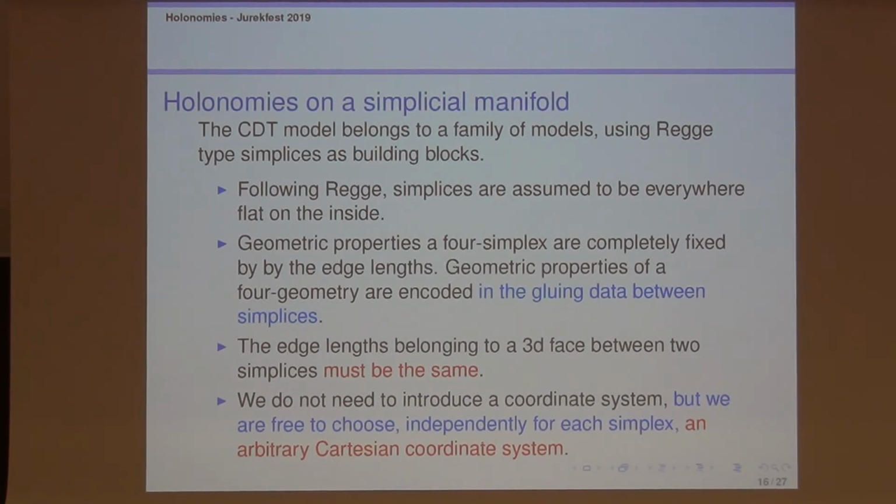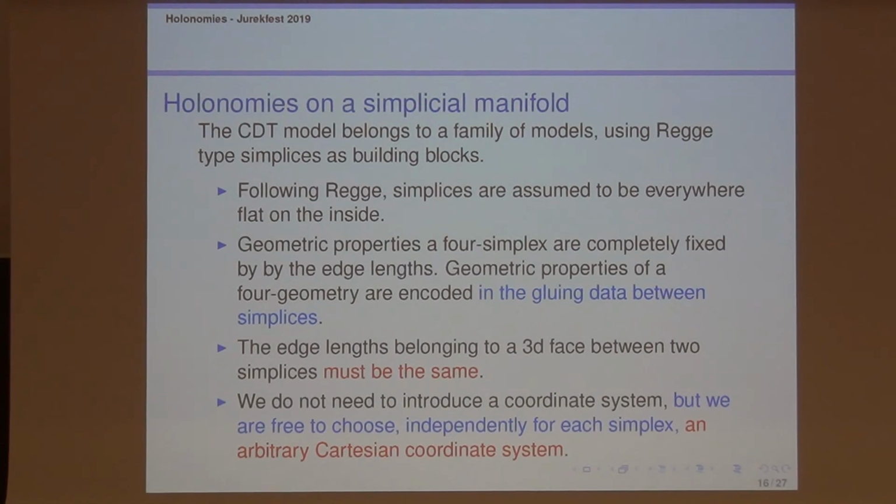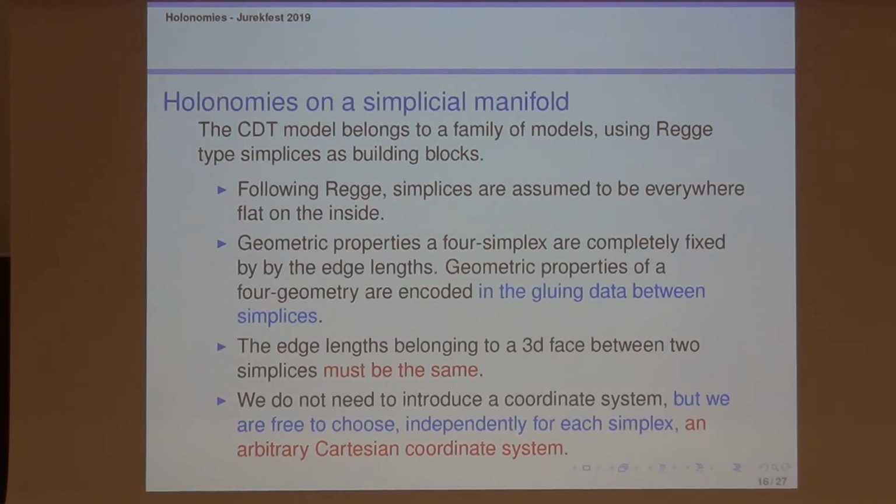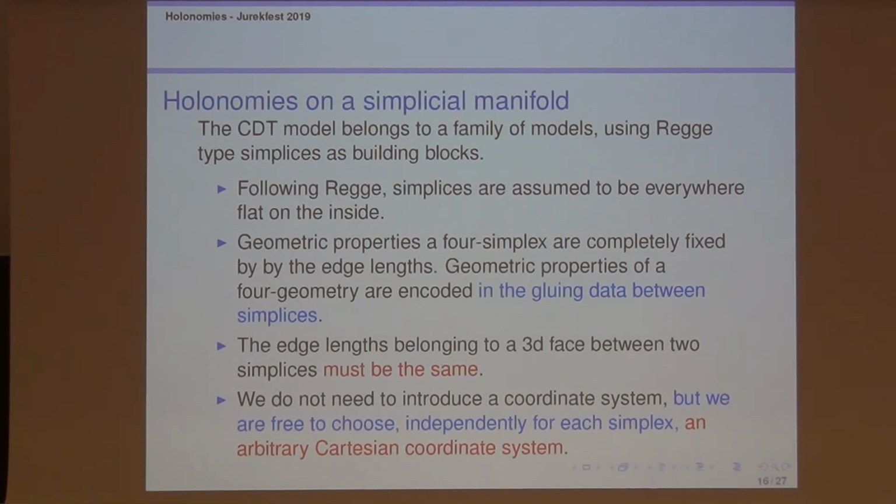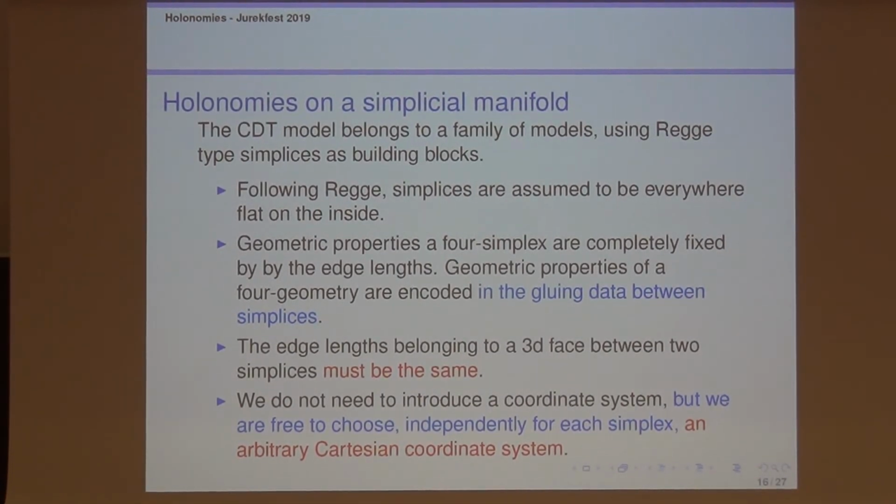Well, I'll repeat here again that following Regge, these simplices are assumed to be internally flat. We have rotated our system to imaginary time, so in fact, they are Euclidean 4-dimensional simplices. If they are flat, properties of such a system are completely defined by the edge lengths.